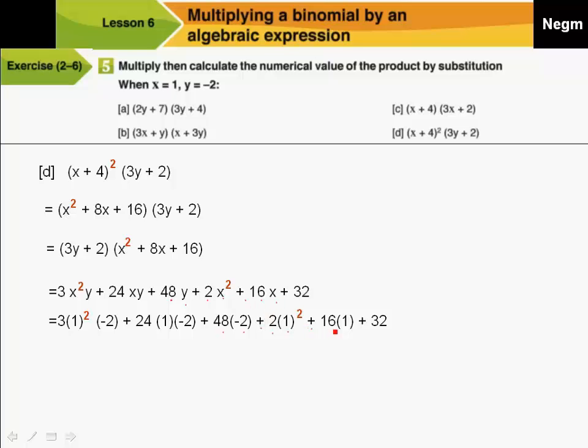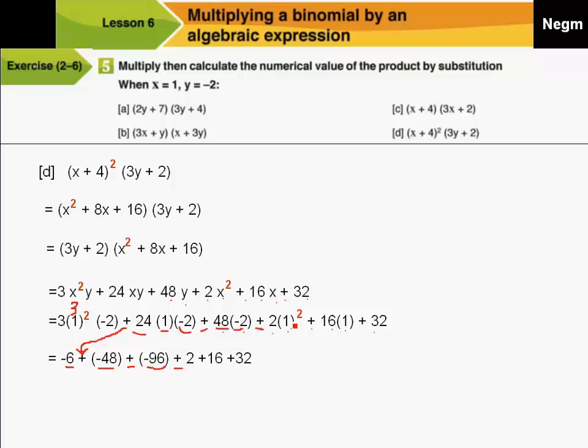It means plus 16 times x is 1, plus 32. 1 times 1 is 1 times 3 is plus 3 times minus 2 is minus 6, plus 24 times 1 is 24 times minus 2 is minus 48. You can use the calculator. Plus 48 times minus 2 is minus 96.